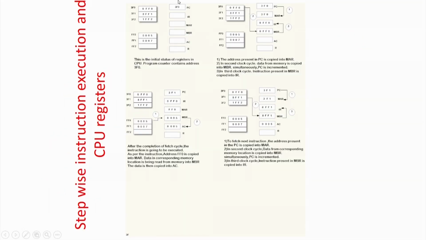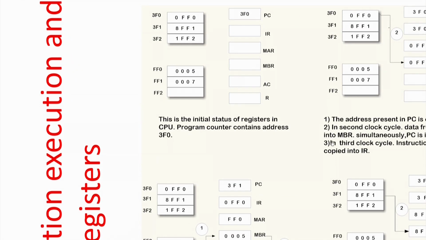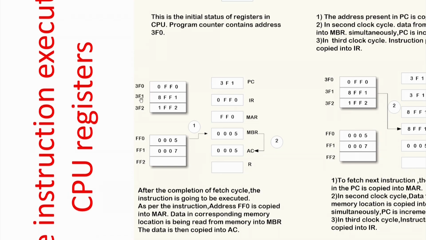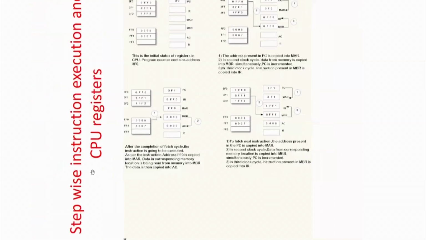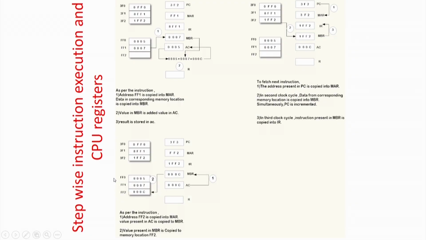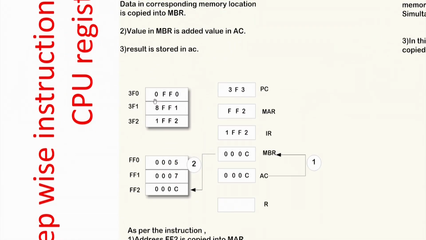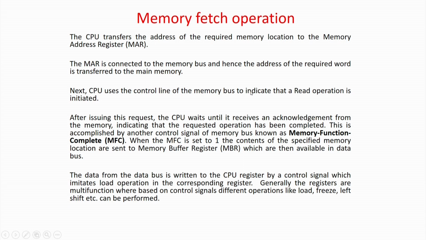For example, in the first case the value of the program counter was this, next it is 3F1 and after that it becomes 3F2, that is, it goes step by step. But if there is a conditional instruction, then instead of incrementing like 3F0, 3F1, 3F2, at some point it will change. So, if you have a conditional instruction, the value of PC gets changed.